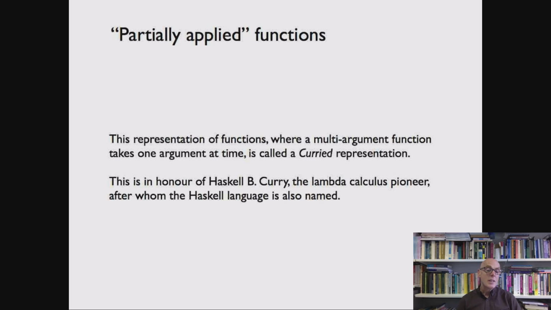And of course Haskell is named after Haskell Curry as well. So functions where you take one argument at a time, like my representation of add on the previous slide, are called curried.